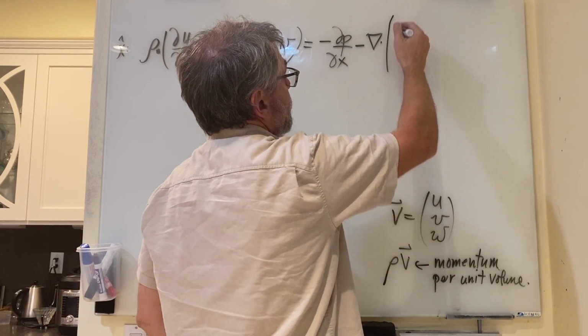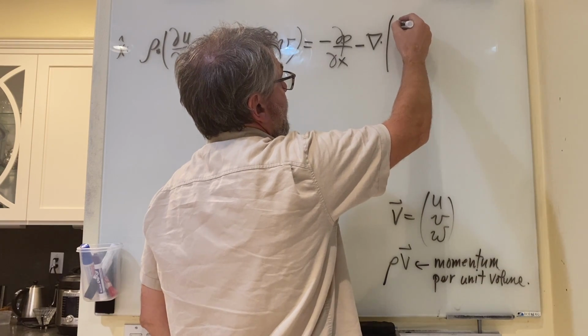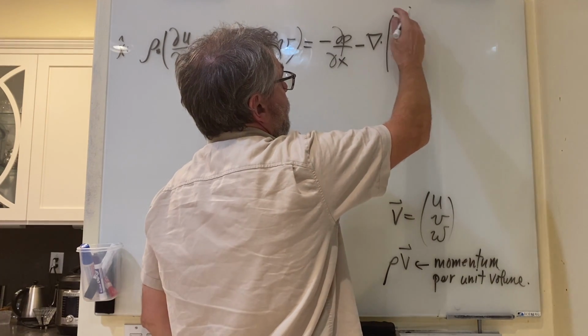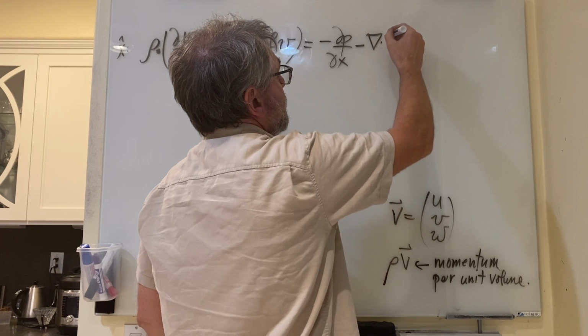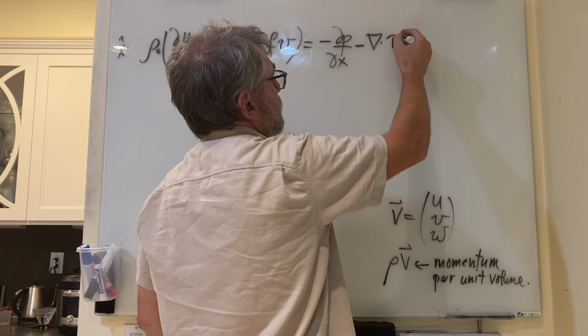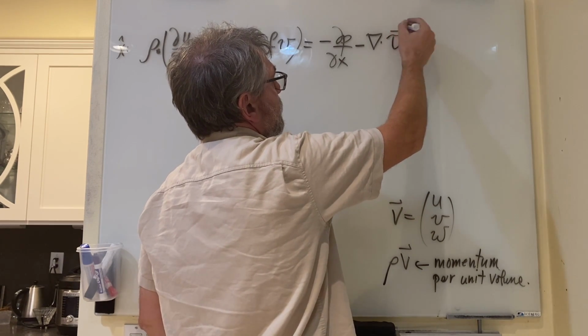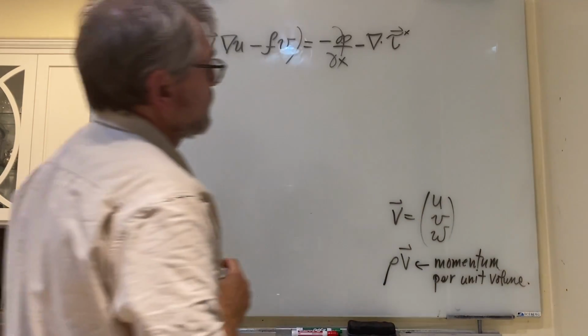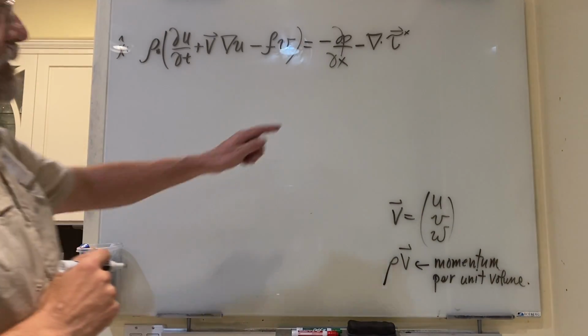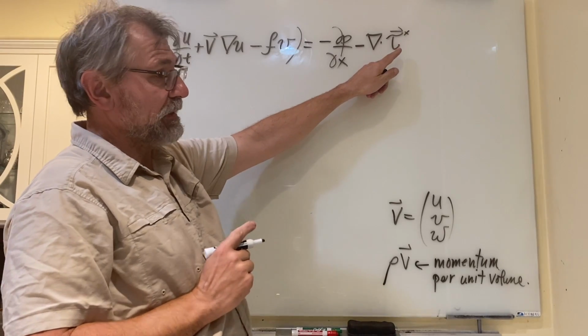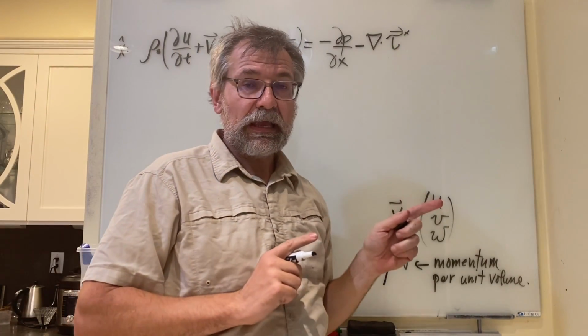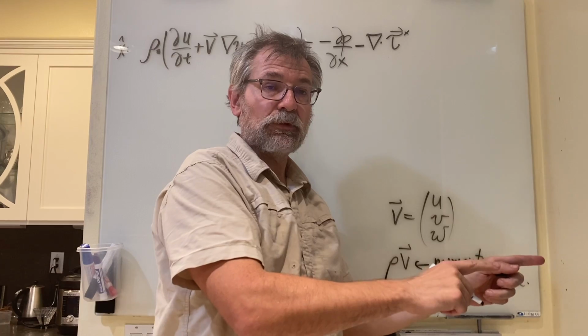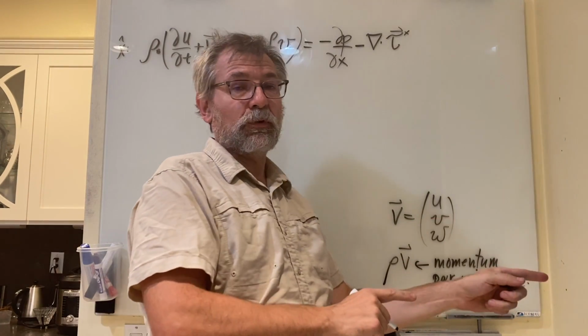And these, we're going to write in vector form as, well, maybe I'll just write as a vector, tau x. So why is it a vector if it's the x component? Well, it's because you can have eastward transport of the eastward component of momentum.